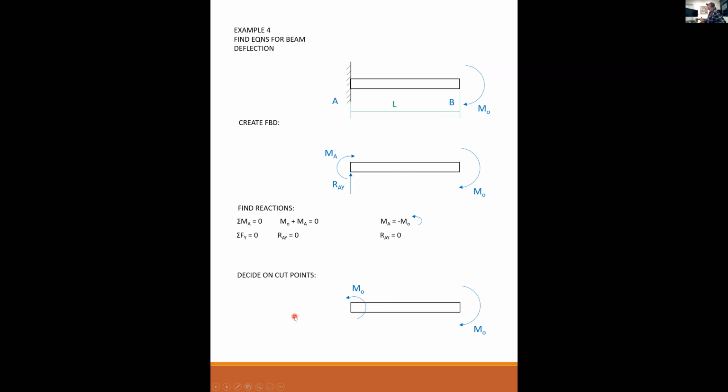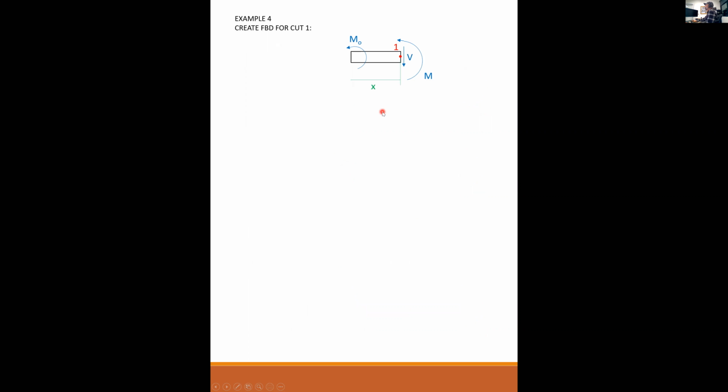Decide on a cut point. We only need one cut point for this particular beam. So we create a free body diagram. There's no vertical reaction. We have positive shear, positive moment, and our applied moment, which is equal to M naught. Sum our forces, shear is equal to 0.